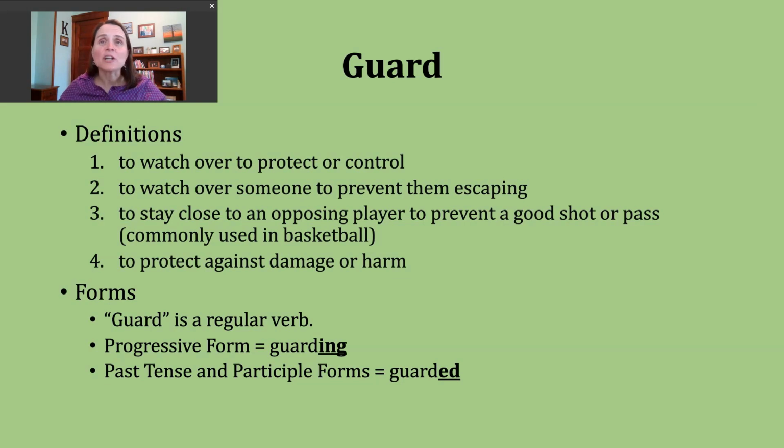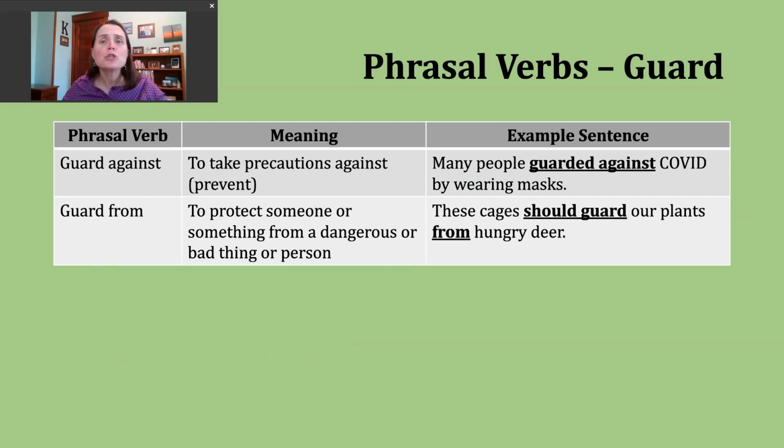And the ed here is going to make a sound like this, id. That's what creates the extra syllable. So the past tense and participle forms of the verb should sound like this. Guarded, guarded.